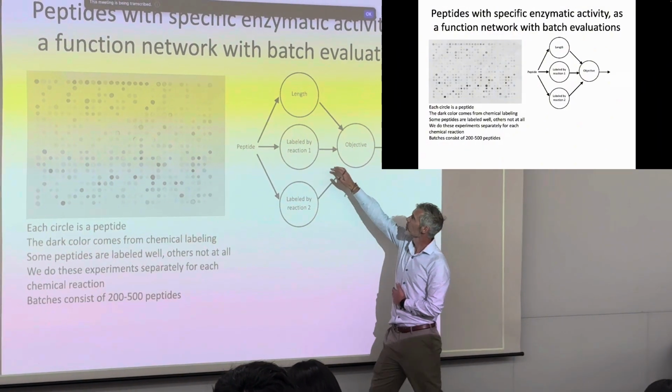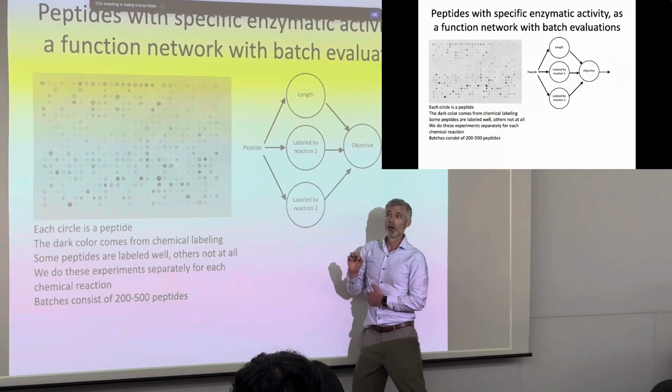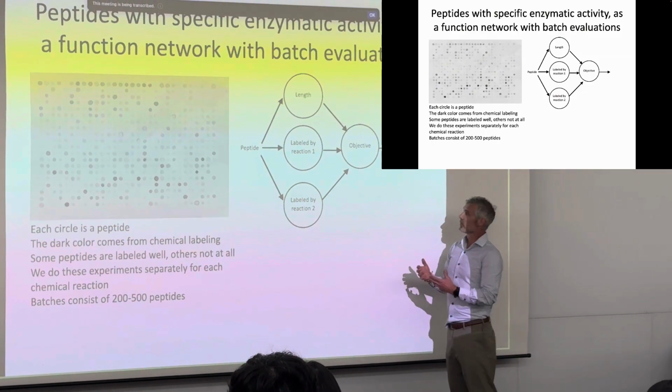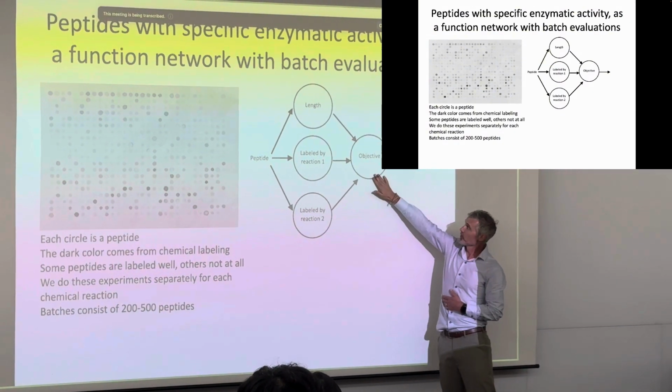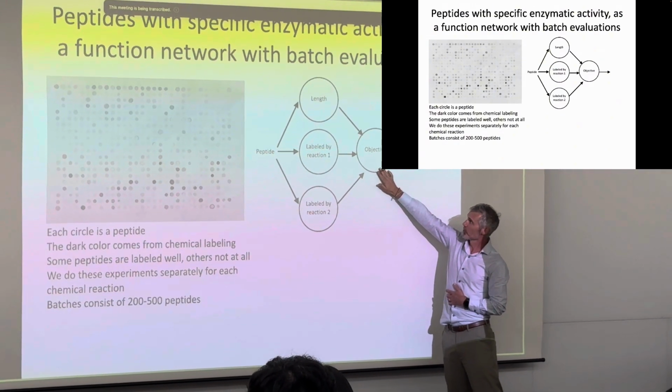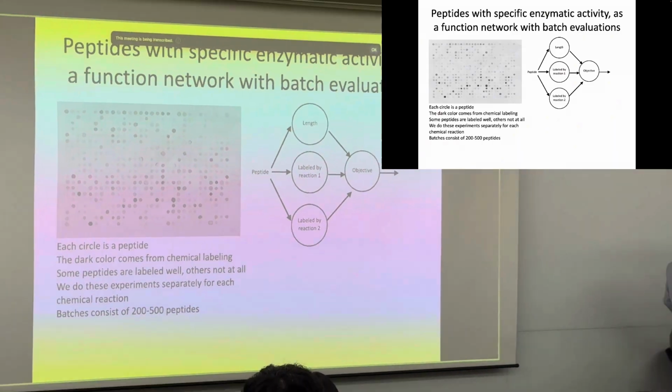And you could replace this by some sort of functional assay on whether it affects protein folding or any other measure of activity. Together these jointly determine an objective function which is looking for specific peptide labels.